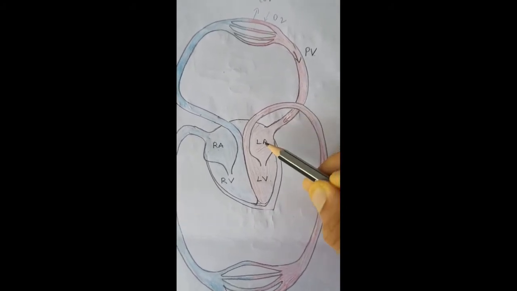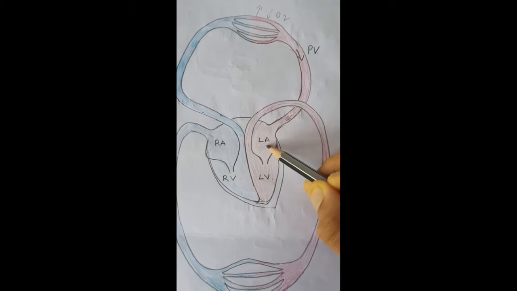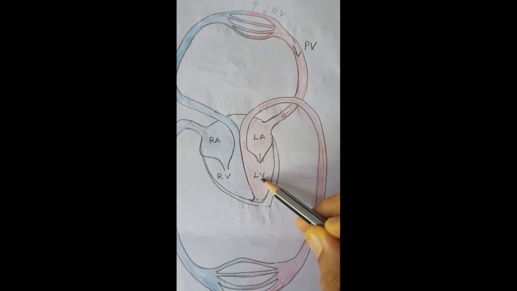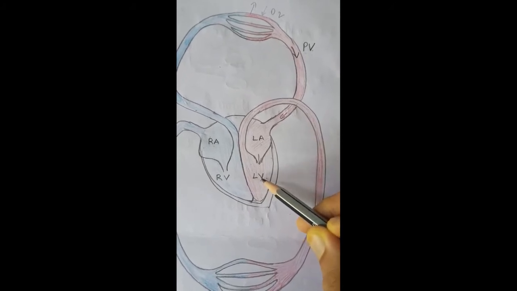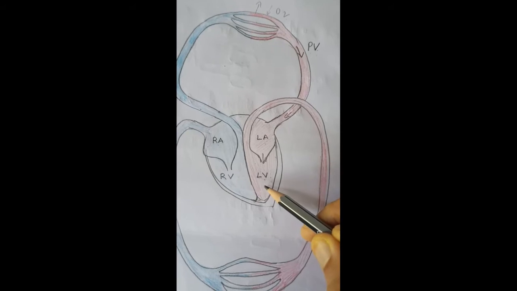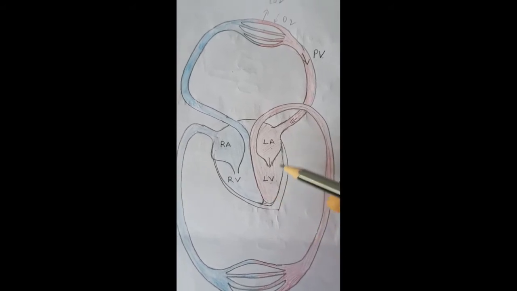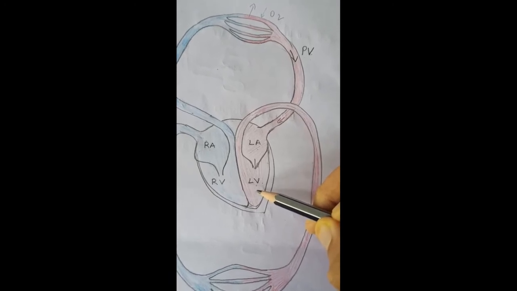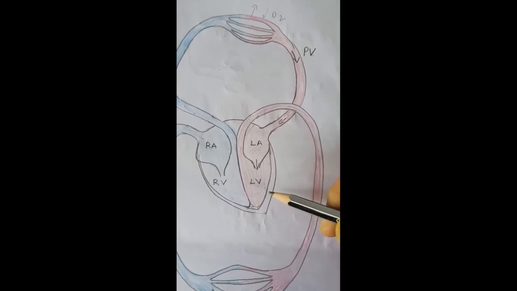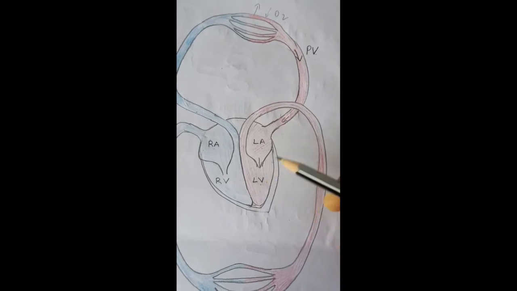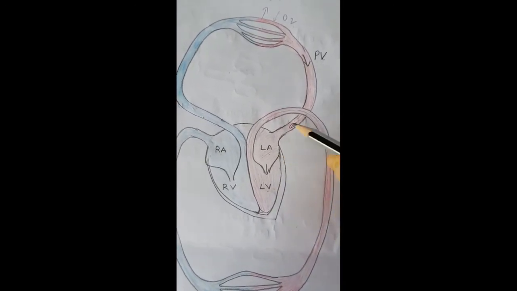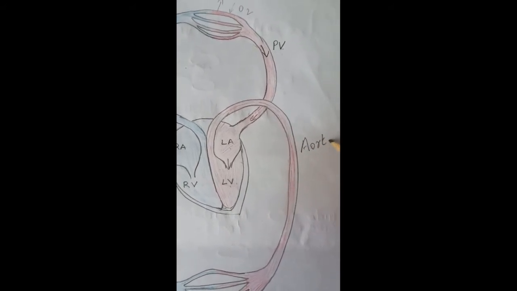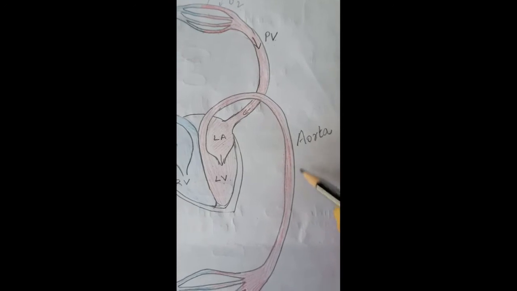Now left atrium will pump the oxygen rich blood to the left ventricle. Now the oxygen rich blood is in the ventricle. So from the left ventricle the main artery will arise. The main artery which pumps oxygen rich blood to all the body parts is the aorta.